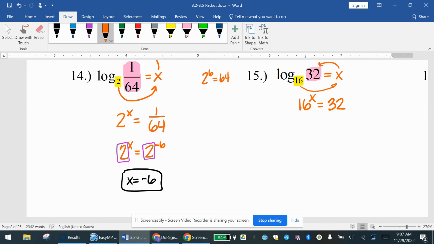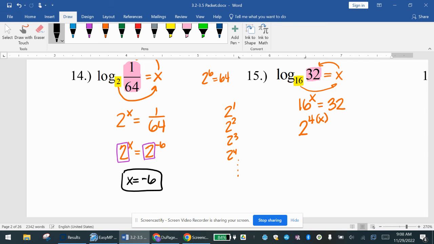16 and 32 are both part of the root charts, not multiples of 2, but like the chart for the roots, 2 squared, 2 cubed, 2 fourth, and so on. So 16 can be written as 2 to the fourth. But remember, the x is already there, the exponent.